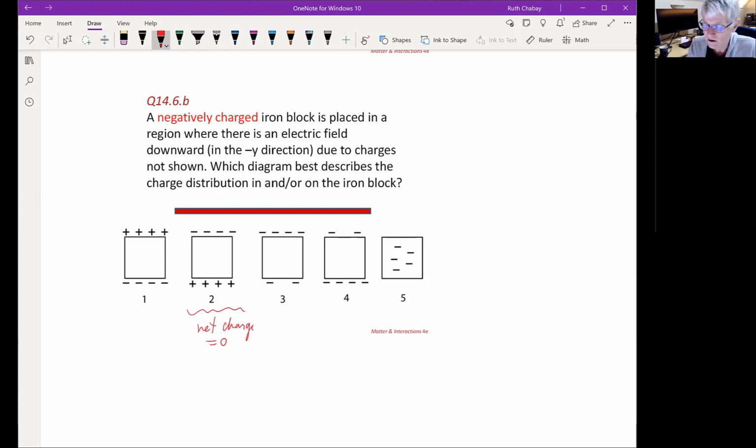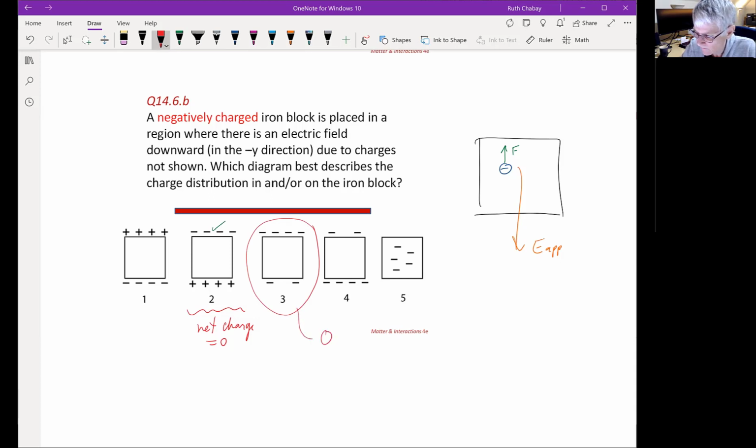So even though the direction is correct, if we have an electric field down, then a mobile electron would feel a force going up. So we certainly would get electrons on the top surface, but we have a net charge of 0 in this diagram. So a better answer is this one, where Q net is not 0, where we have more negative charge on the top and less on the bottom.